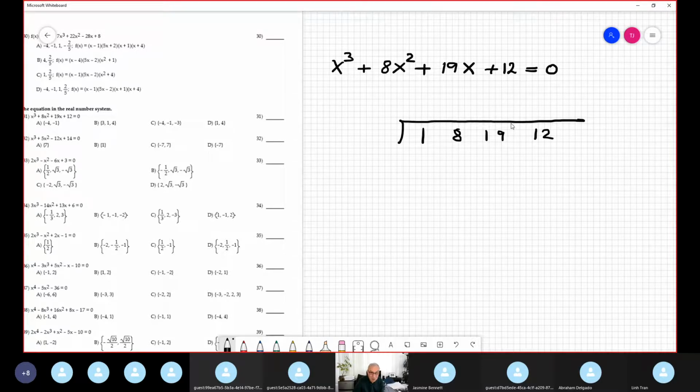I selected my paper -1. That is a reason que I put here now -1. Pero si you use a -4 or -3, it doesn't change. Bring down 1, multiplication is -1. This is 7. 8 minus 1 is 7. -7 is 12. And -12 is 0.